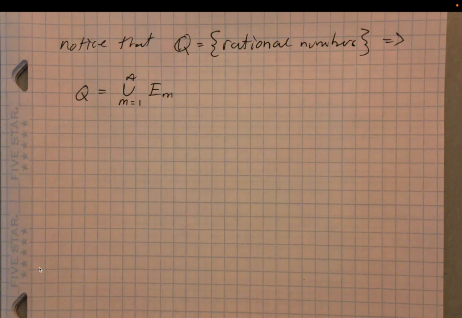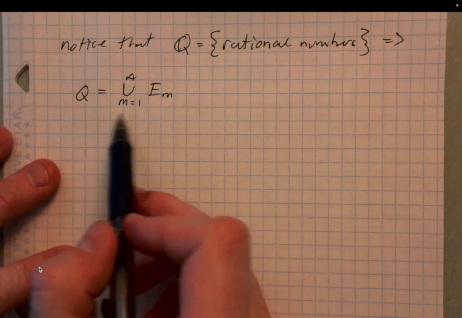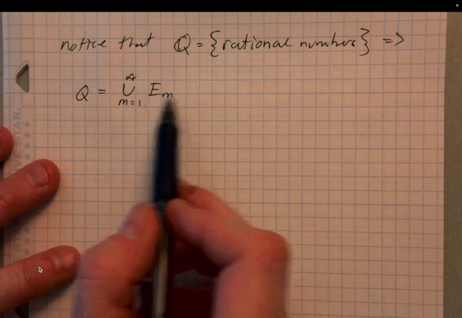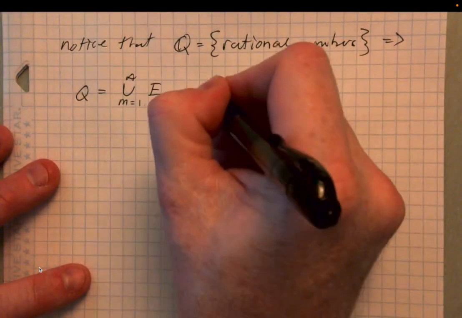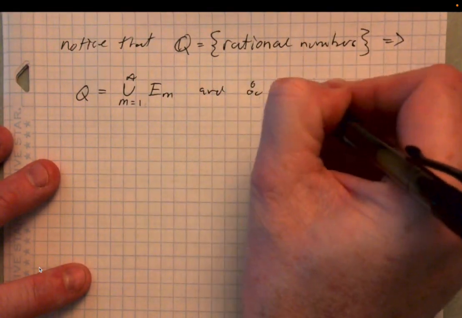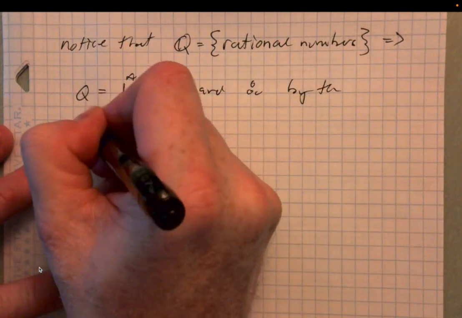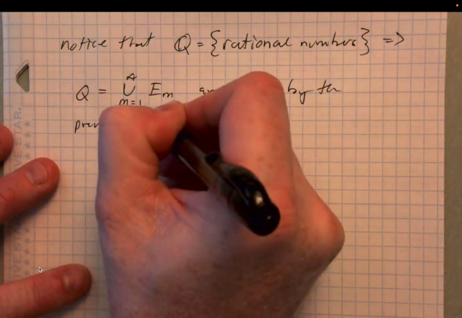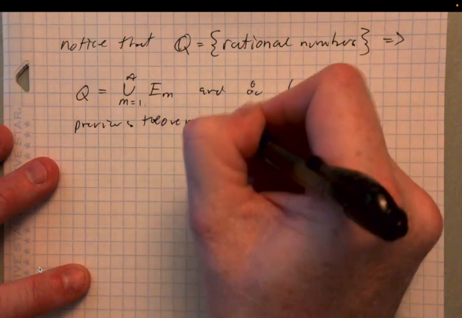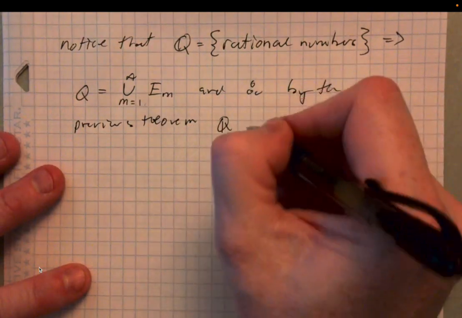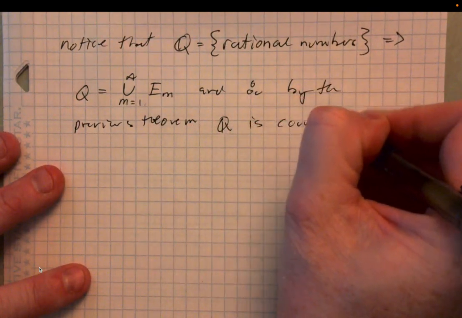So don't let that bother you. But notice here that Q is just the union of all such E sub m subsets, and therefore, by the previous theorem, Q is countable, right?